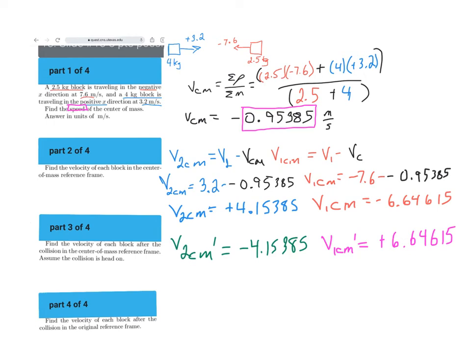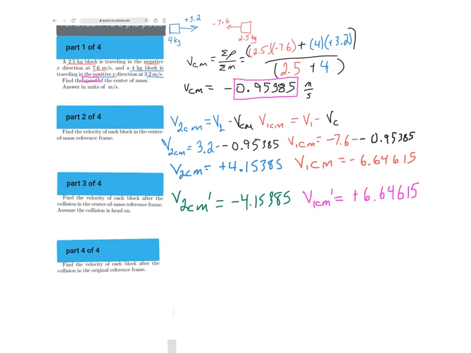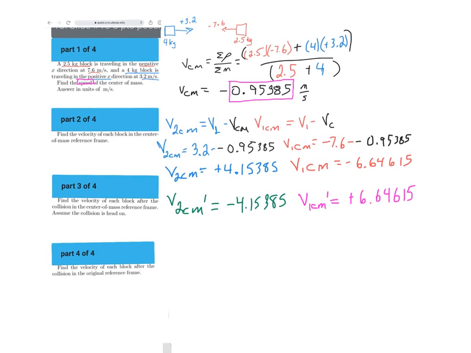For part 4, what we're doing is just taking it out of the frame of reference. To find V2 prime, we do just the opposite of what we did before. Instead of subtracting VCM, we're going to add VCM. So I take my V2 cm prime and add on VCM, the velocity of the center of mass.